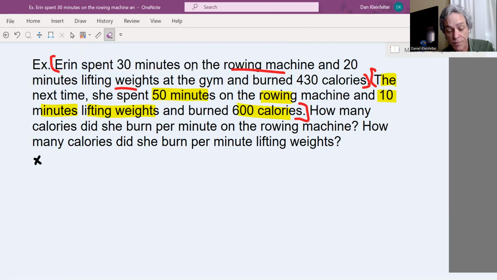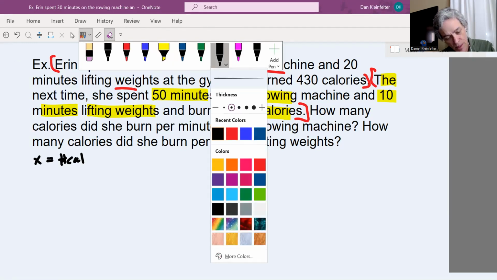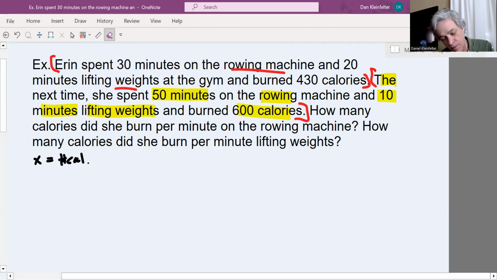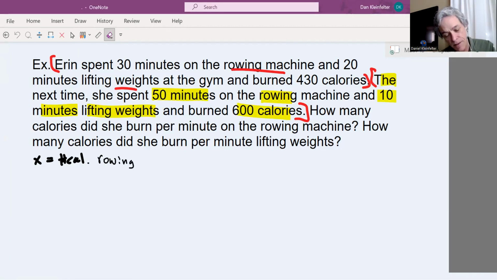So variables, I'm going to make X be the number of calories. This will be rowing. X will be the number of calories that she spends rowing per minute.